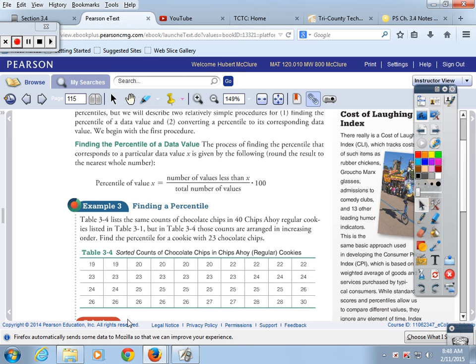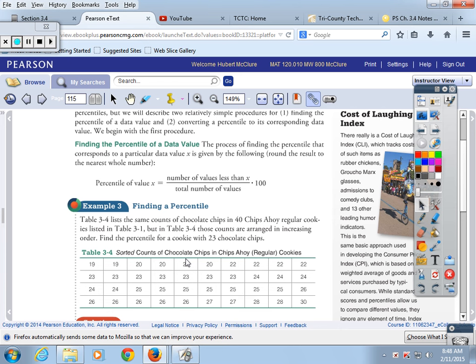You're given a bunch of numbers, and they ask you, what is 24? 24 is the what percentile? Or in this case, they say 23. What is 23? And they ask you what percentile that is. Well, you got to count.